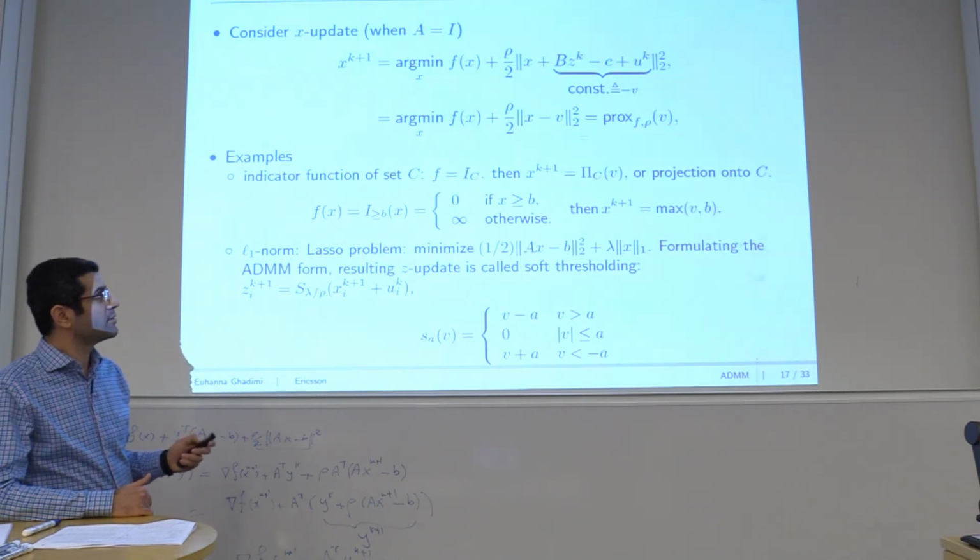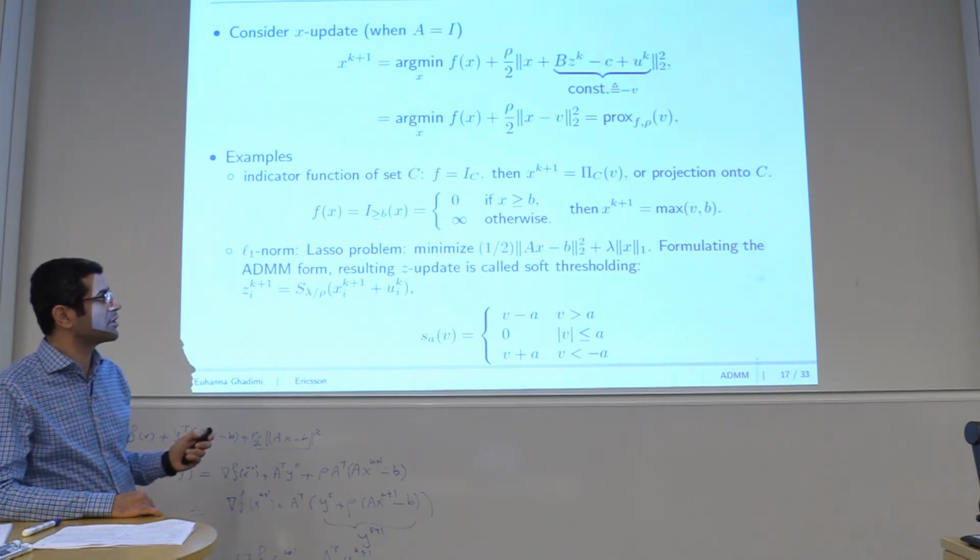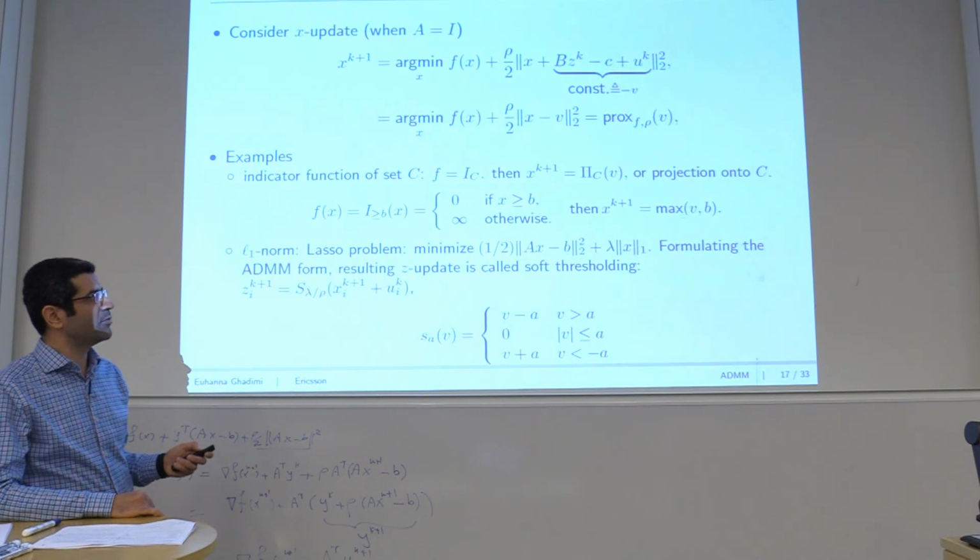And just going back to this argument, if I calculate now the x updates corresponding to this cost function, if I replace f with the indicator function, then it is simply a projection. The prox operator will be a projection of a variable, if the input variable is v here. It's unfortunate that I call them both v. Please don't get confused here. But if the variable here is x or something, then yeah.